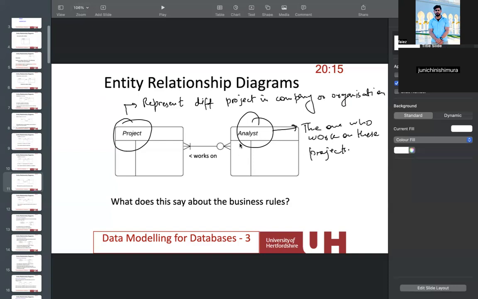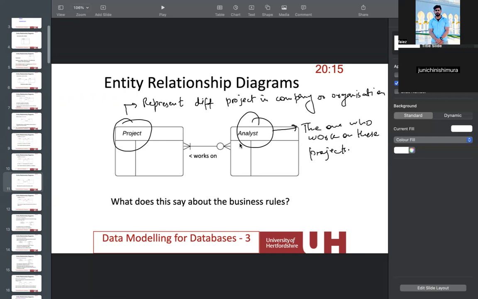What is the relationship? The line between project and analyst with the label works on indicates that an analyst works on a project, and this relationship tells us how the two entities are connected. Analysts are assigned to work on projects. What are the business rules here? We can say that an analyst can work on multiple projects.